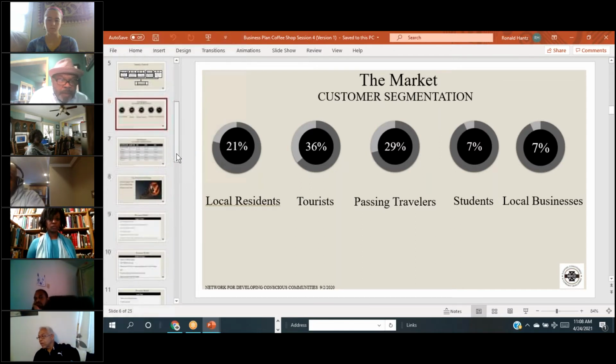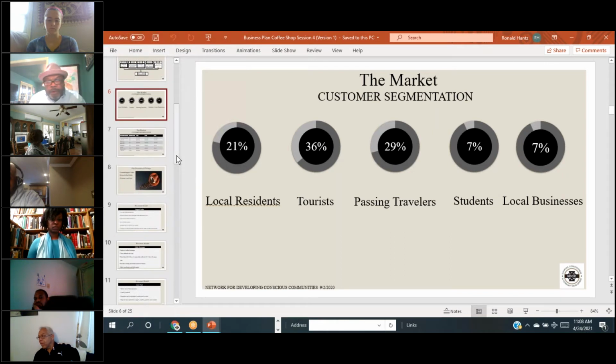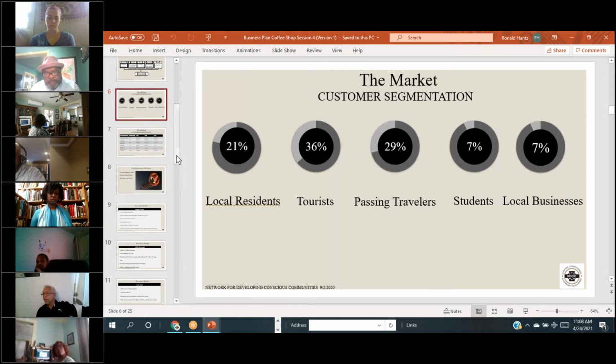So when you think about your marketing share and where your market is coming from to support your business, look deeply and look at getting those resources identified, as I said earlier, from the various different universities, public agencies, state agencies, governmental agencies.